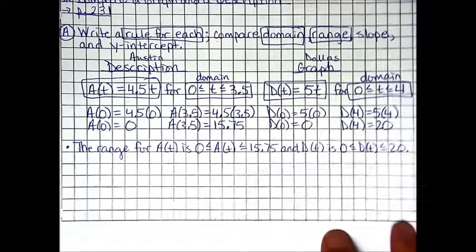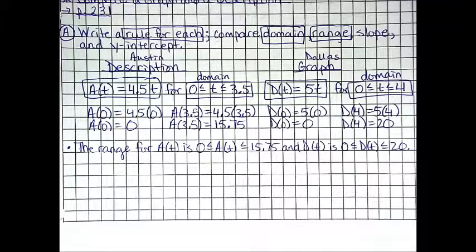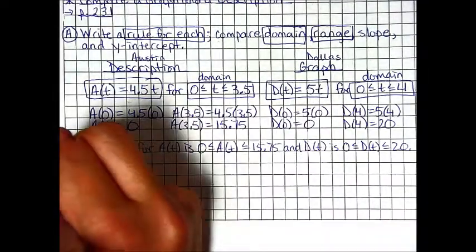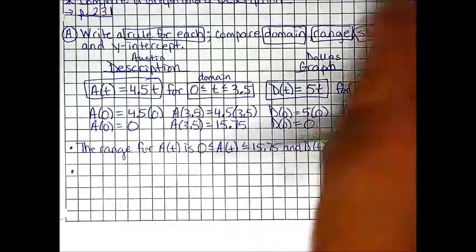So the range for A of t is 0 to 15.75 and D of t is 0 to 20. Okay, and then they wanted you to compare the slope.